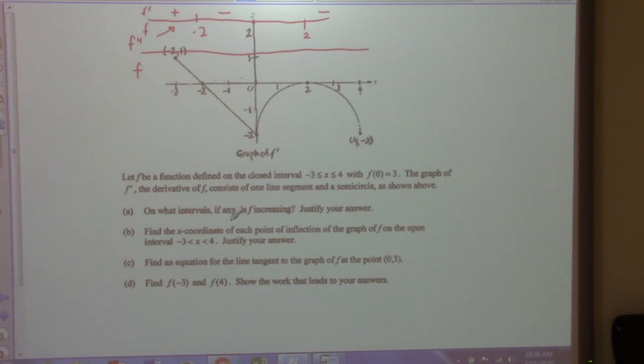So f is increasing on -3 to -2, and why is that? What is our justification? Because f prime is greater than 0.